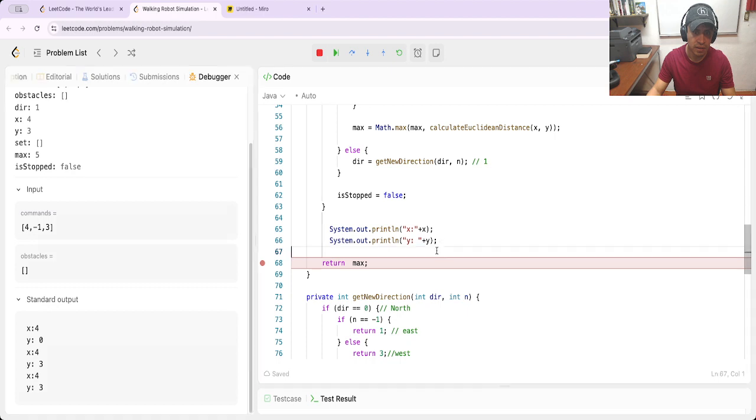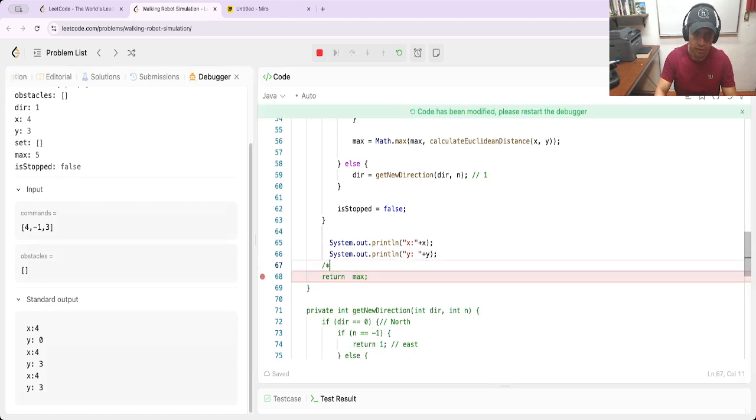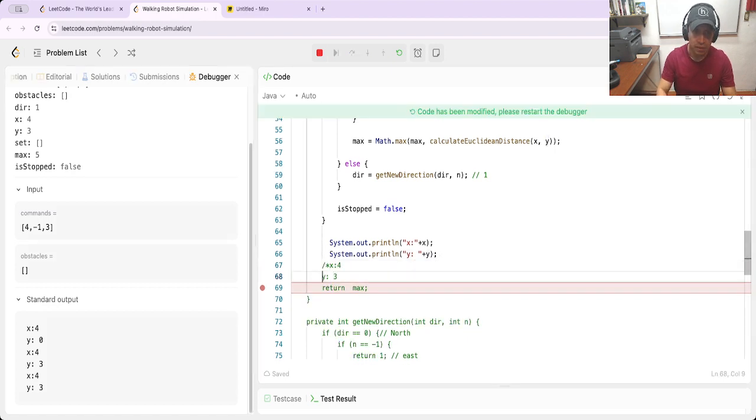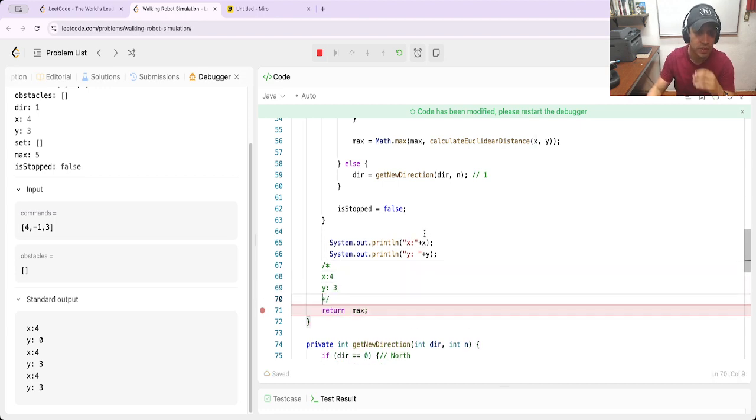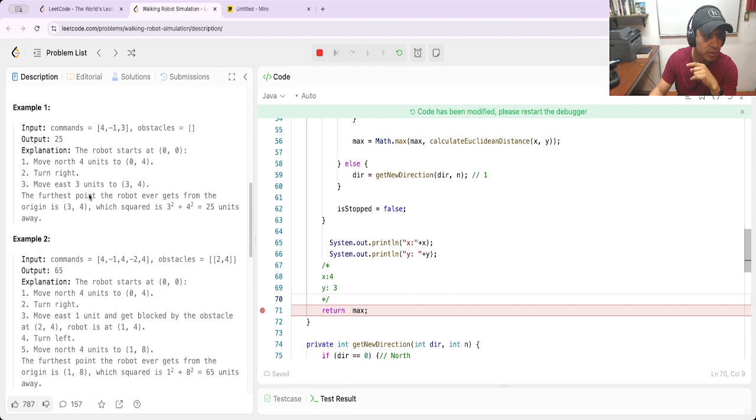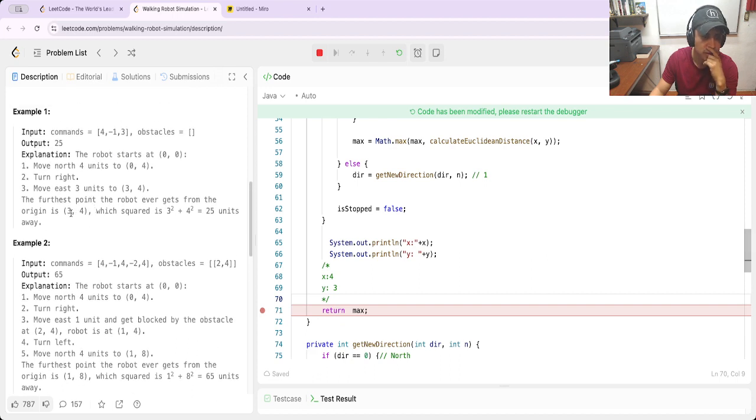Okay. This is the last position. X in 4 and Y in 3. And in the problem, it's right.